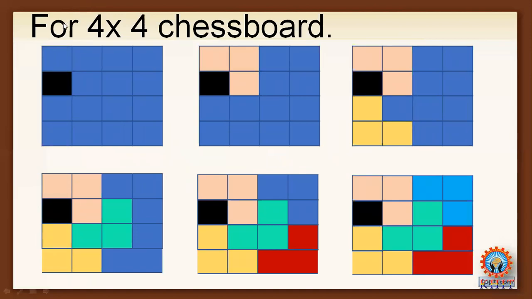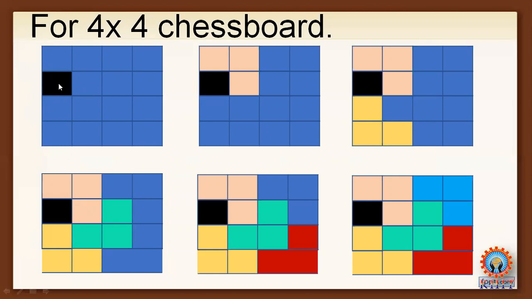Now, if you consider a 4 by 4 chessboard, the size of the chessboard is 4 rows and 4 columns. In the given chessboard, one square should be defective.